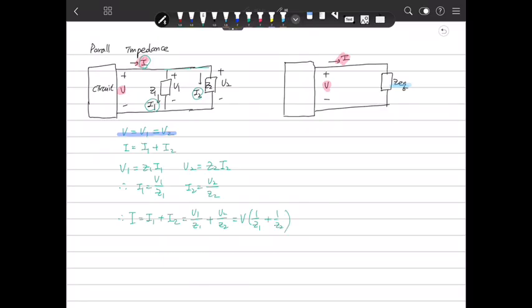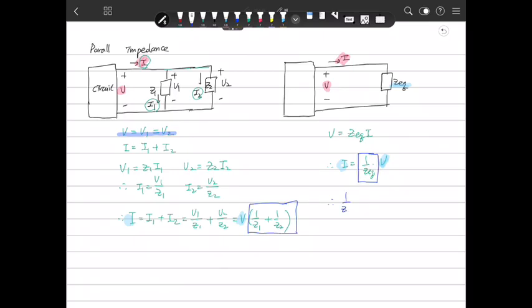The big point over here, V is GEQ I. Therefore, I is 1 over GEQ and V. And in the same way, this V is the same, and this current is the same here. To do that, this term should be the same as this term.